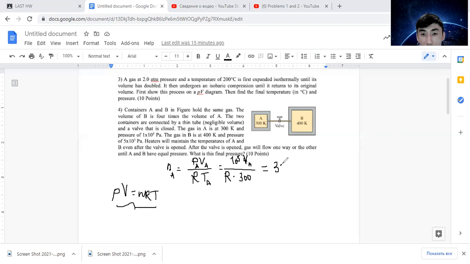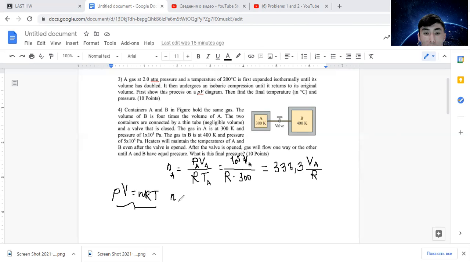So here will be approximately 333. Our volume is not given, and R will be cancelled.